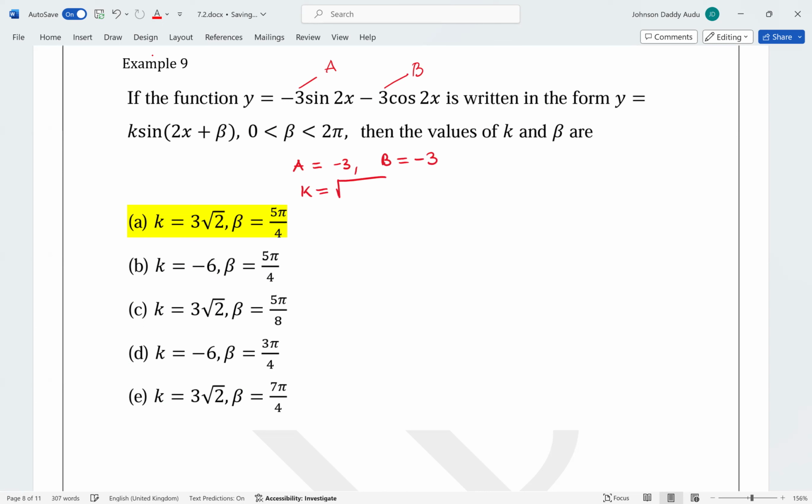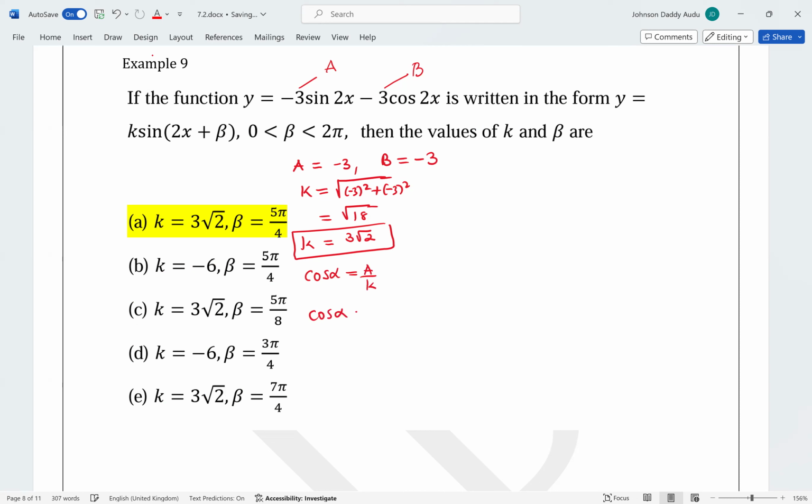So what is k? k will be the square root of -3 squared plus -3 squared, which is the square root of 18, and this will just be 3 square root of 2. So this is k. And we know that cosine alpha is a over k.